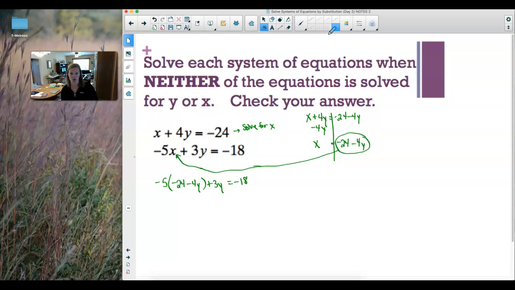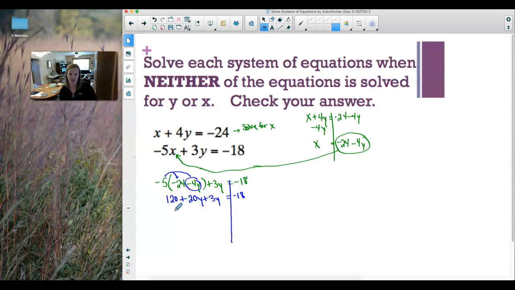We distribute first. We have to do negative 5 times negative 24, and let me grab my calculator. 24 times 5 is 120. Since they're both negative, it's positive, so 120. We have negative 5 times negative 4y, so that's positive 20y, plus 3y equals negative 18.